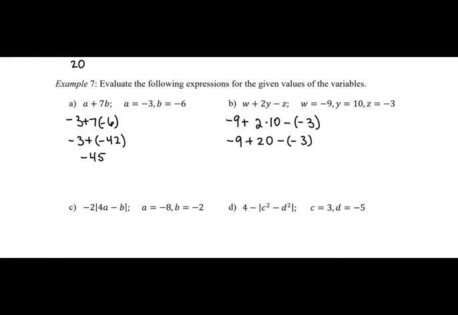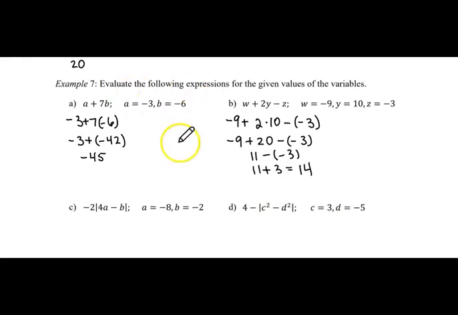So we have 11 minus -3. Now we're going to eliminate those double negatives, so it's going to be 11 plus 3. The answer is 14. It's getting late.